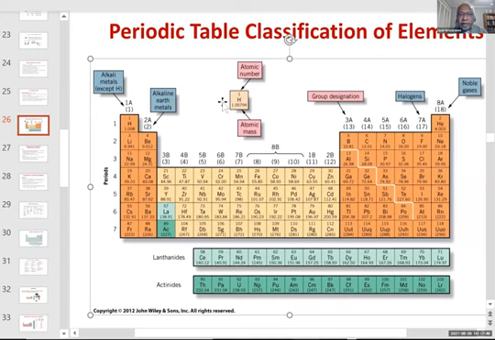Hydrogen is H. The third number is the atomic weight, calculated by taking the average of isotopic masses. We calculated that for chlorine 17, remember, in the previous slide. So you have a brief introduction to the periodic table now.